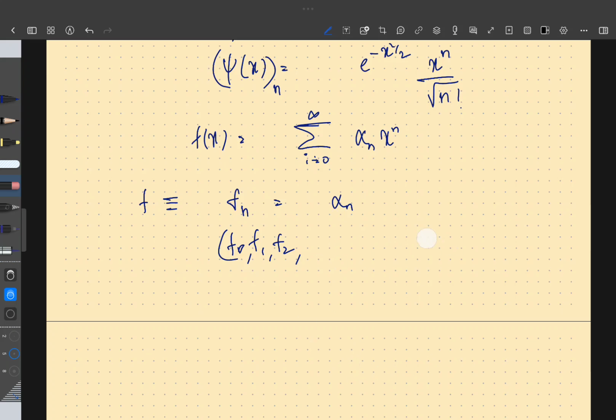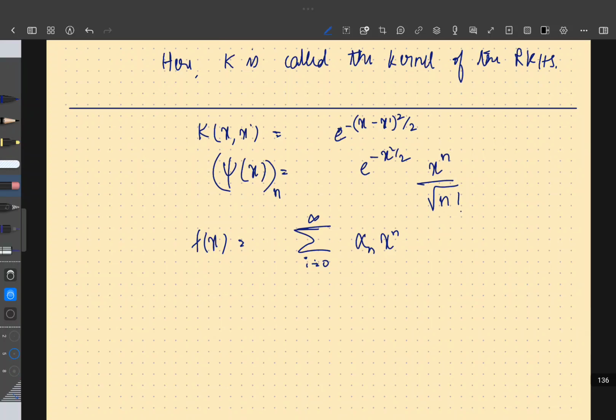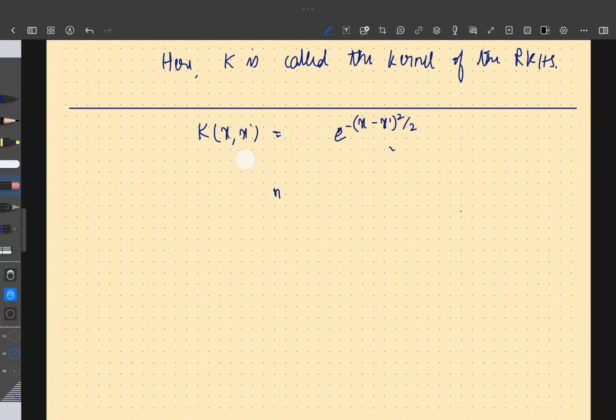So let me put this in a slightly different way. I'll view the Hilbert space a little differently. So this is kx prime.